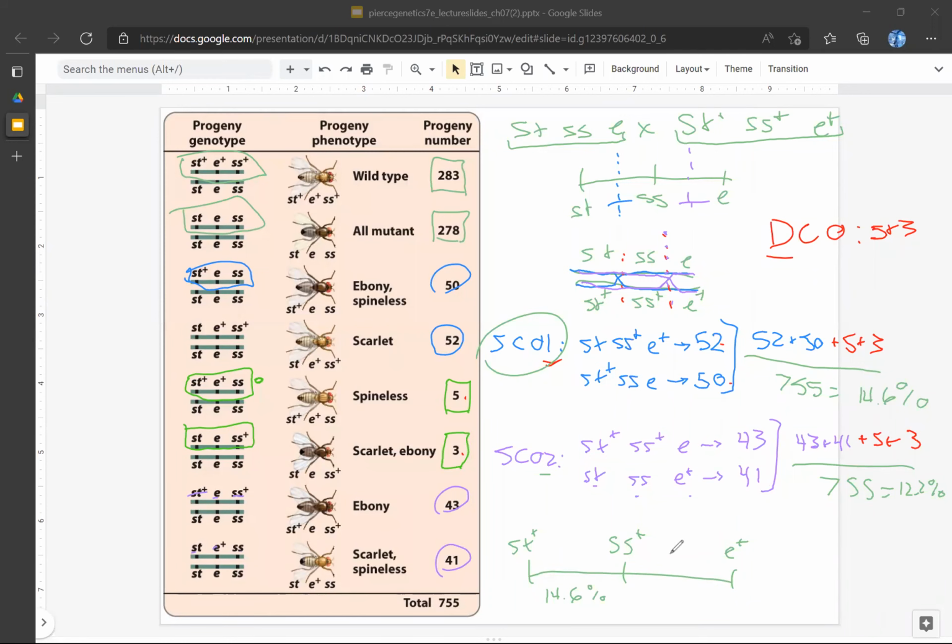And then the second crossover is 12.2%. So this one is a little bit closer than this one. And that is a triple, or a 3-point cross, excuse me. Great job, everyone. We did it.